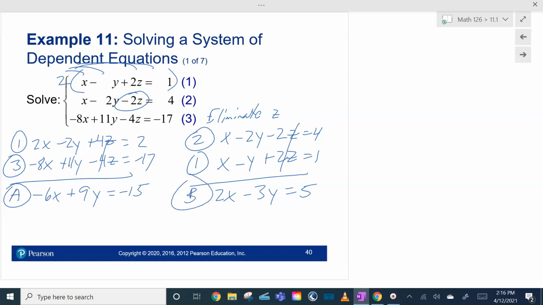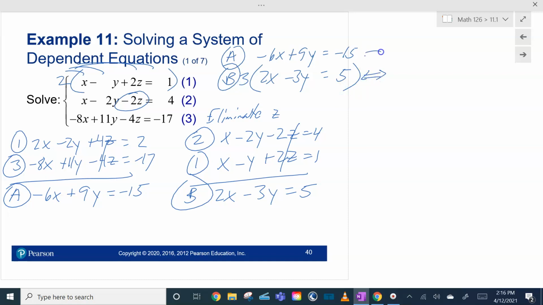So now I'm left with A and B. A, I have negative 6x plus 9y equals negative 15. B, I have 2x minus 3y equals 5. And let's get rid of the y's here. So 9y's on top. I'm going to multiply this by 3, so I have negative 9y.